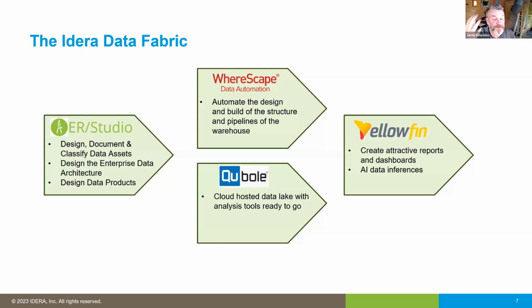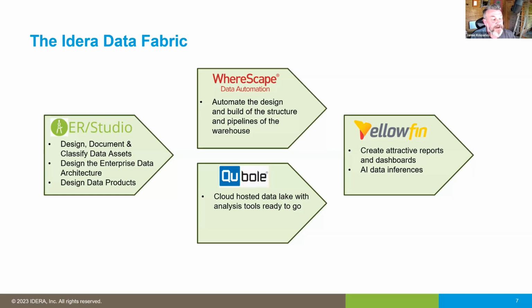We want to be able to build an enterprise data architecture. So, what are the important data that the organization understands? Look at those master data concepts like customer and products and order. And then from those models, we can then start to design our data products. So ER Studio is a design tool to help us do that.